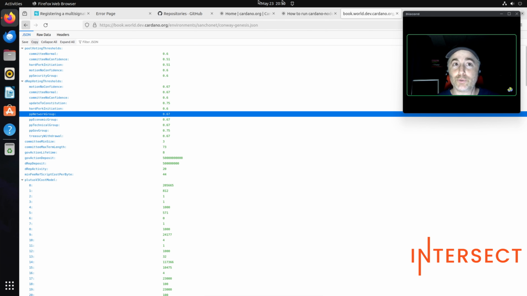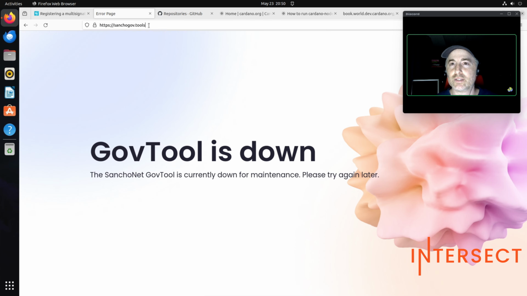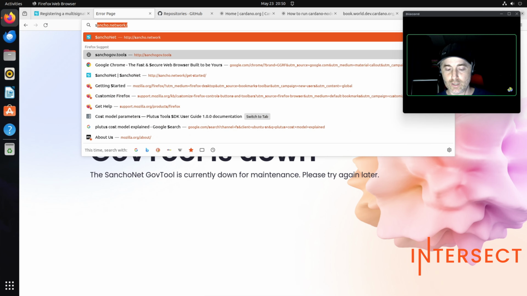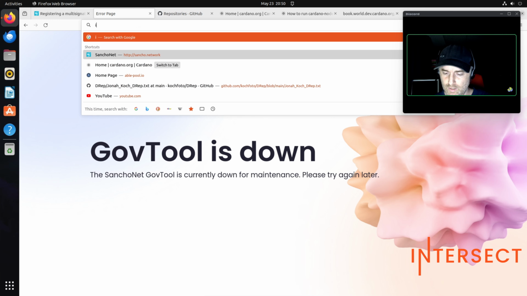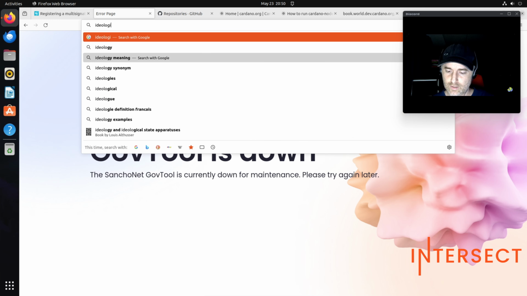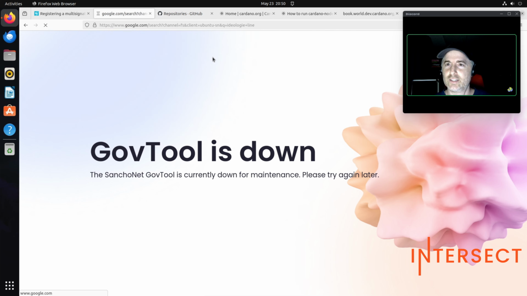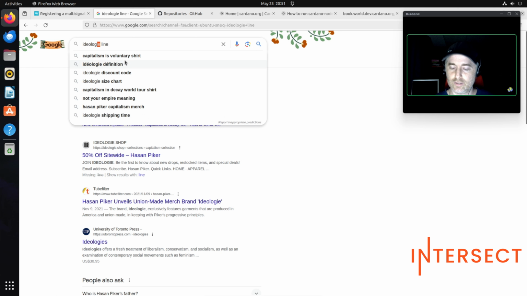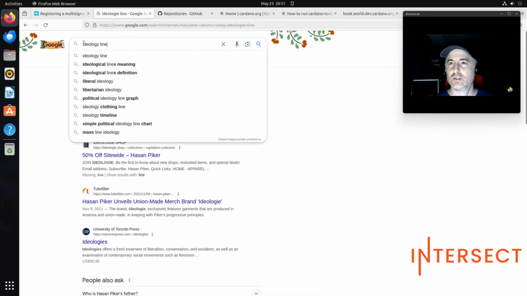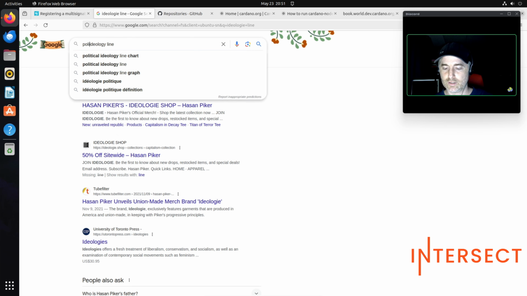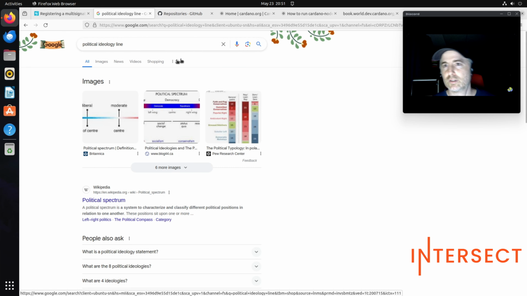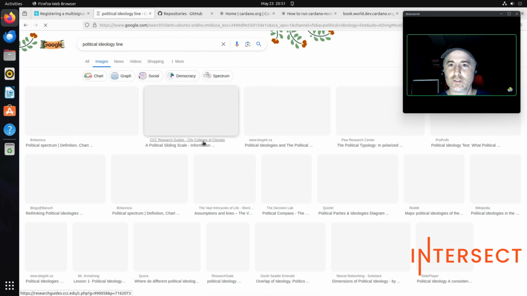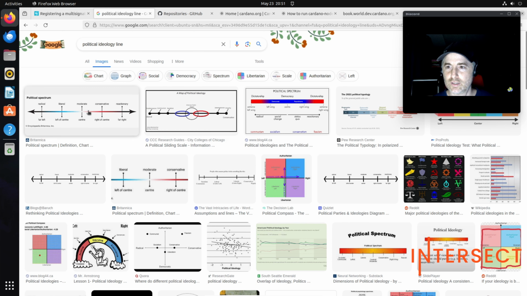the picture that I showed you. I'm gonna get this one actually. What's it called? I called it the ideology line. Oh, that's actually not like this. Politic. There it is. Okay, that brings me to this.